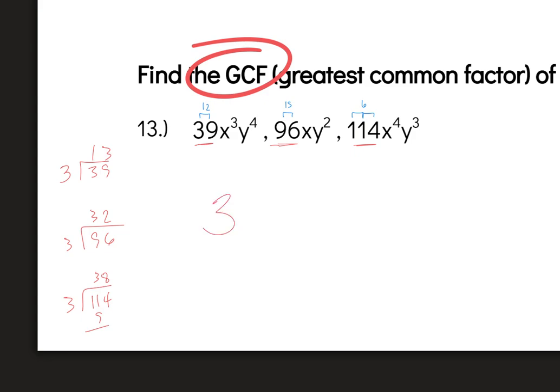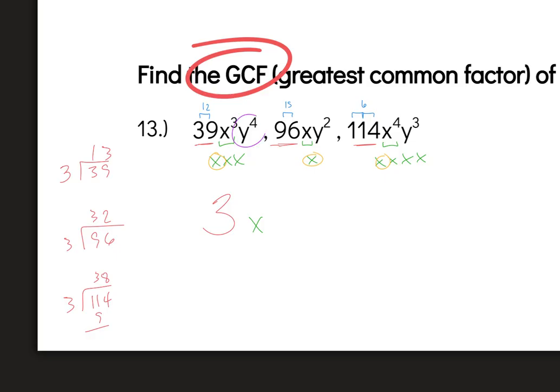And then the next part is actually, that was the hard part. The easy part is now this. There's 3 x's, there's 1 x, there's 4 x's. So they have 1 x in common. And if you're like, what? There's 3, there's 1, there's 4. So they happen to have 1 x in common.